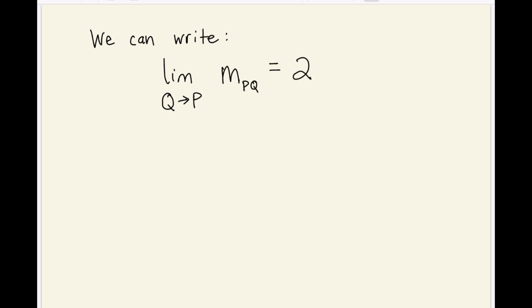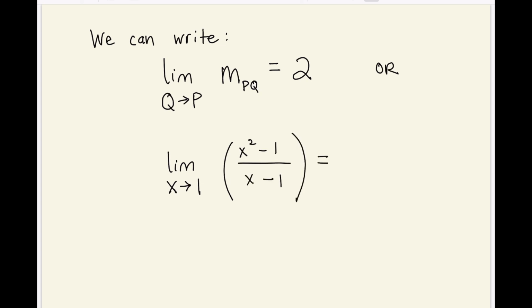So what we can write to summarize what we've discovered is that the limit as the point Q approaches P of the slopes of the secant lines is equal to 2. Or, in other words, the limit as x approaches 1 of this quantity, (x squared minus 1) over (x minus 1), is equal to 2.